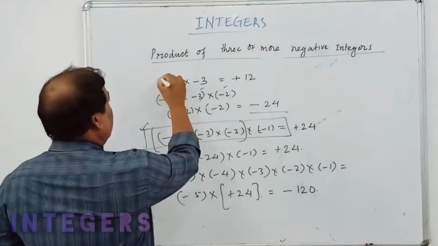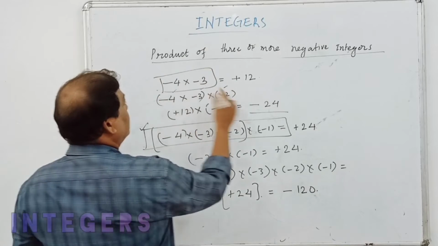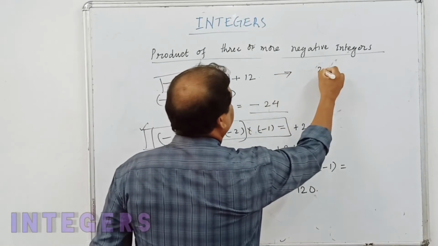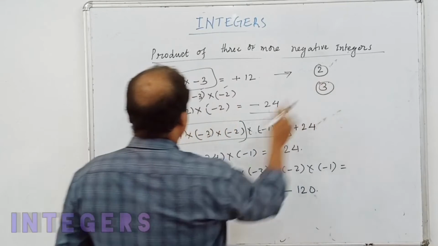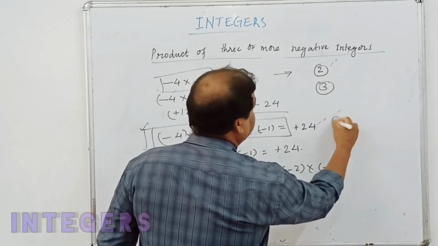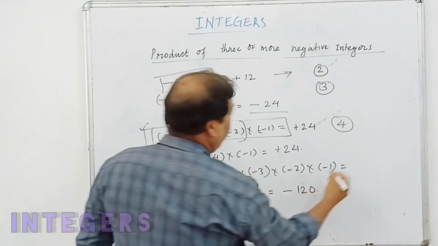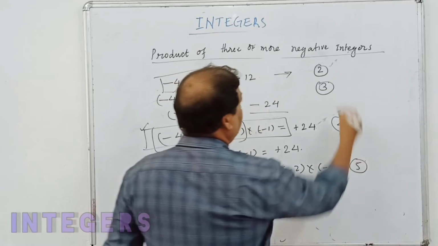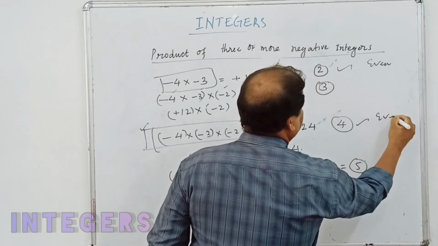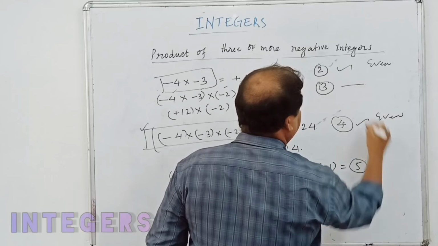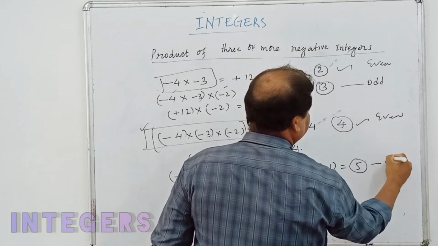So we have 2 negative integers, 3 negative integers, 4 negative integers, and 5 negative integers. Here 2 and 4 are even numbers, and 3 and 5 are odd numbers.